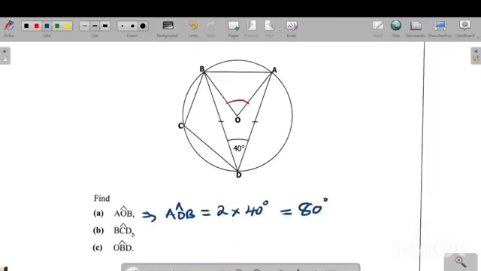The next question, they want you to find angle BCD. Now, how are you going to find angle BCD? To find angle BCD, we are going to use this triangle here.